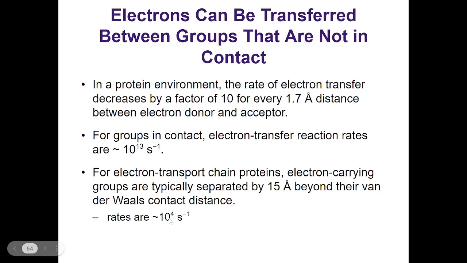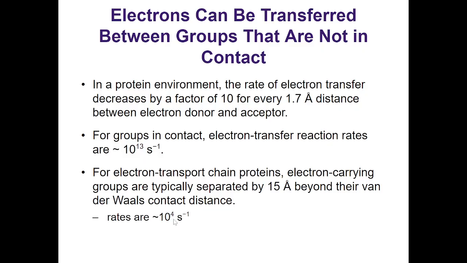Okay? For the electron transport chain proteins, the electron carrying groups are going to be typically separated by 15 angstroms beyond their van der Waals contact distance. So your rates are going to be approximately 10 to the 4 times per second. Okay? Notice that a relatively modest difference in distance has a very large effect, right?